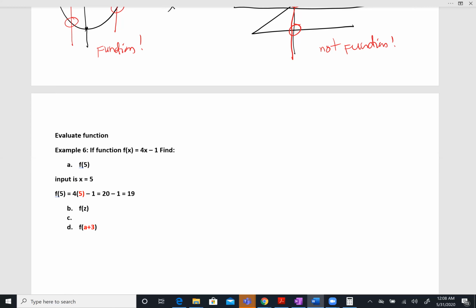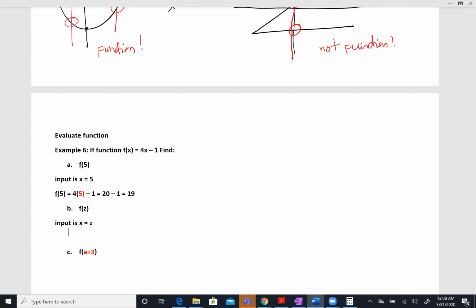Now the input becomes z, or I can even just say x equals z in this case. What does that mean? I'm just going to change all the variable x to become variable z. Change the letter, that's all.